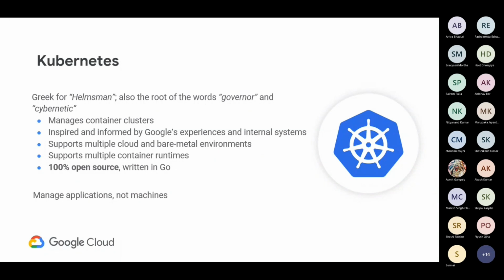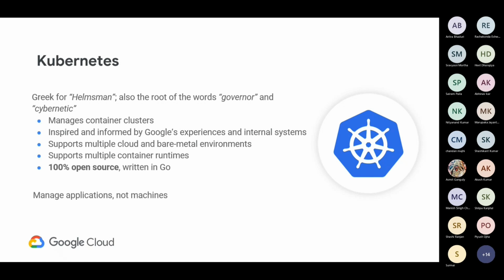This is Kubernetes, and this is an open source project and supports multiple container runtimes. It was inspired and informed by Google's experience in internal systems. So before publishing this project, Google already used this thing internally, and now this is open source.